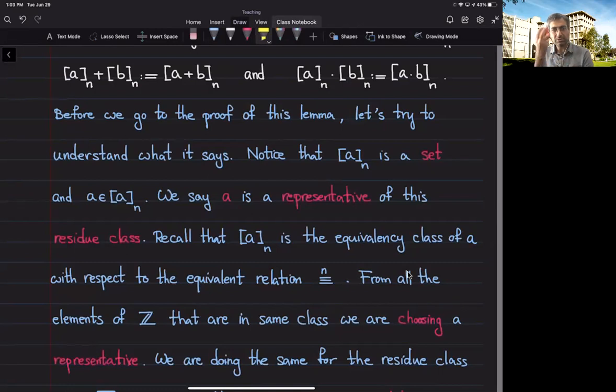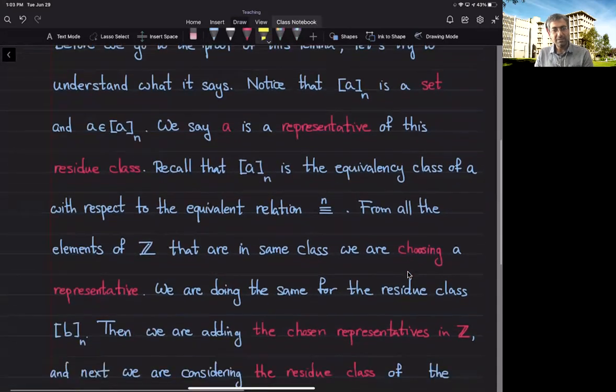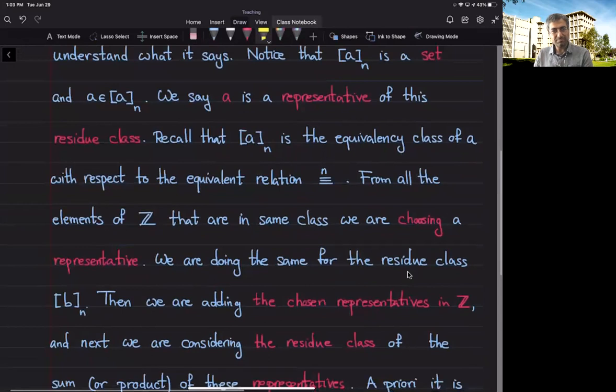So whenever we choose a representative, do a certain operation, or apply certain logic, we have to be extra careful that in this process we are not doing stereotyping.